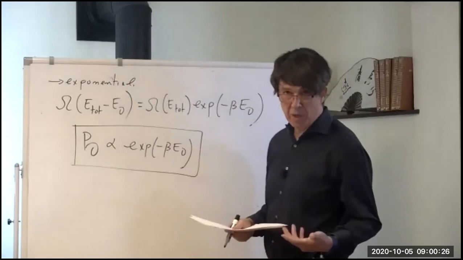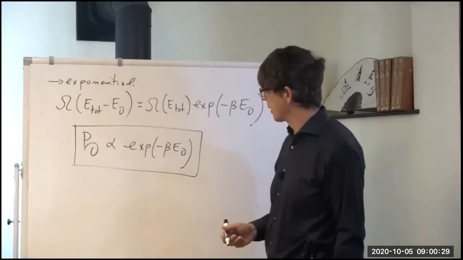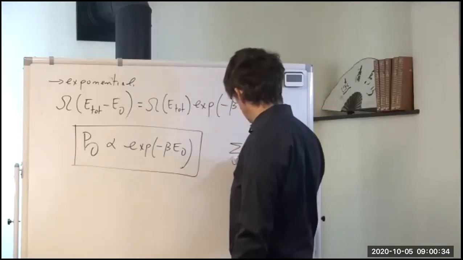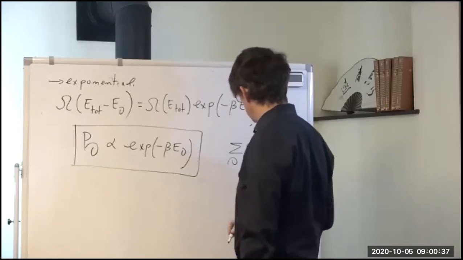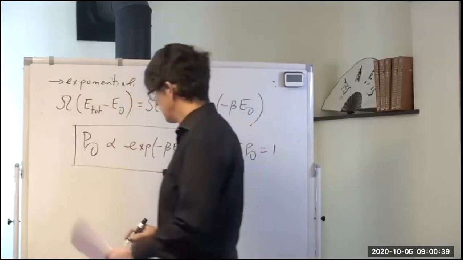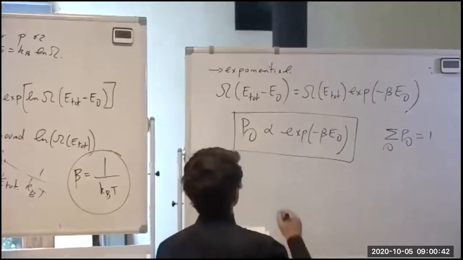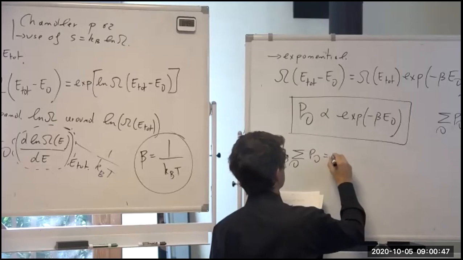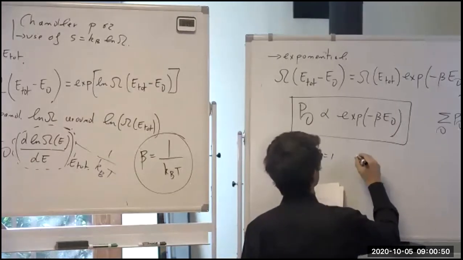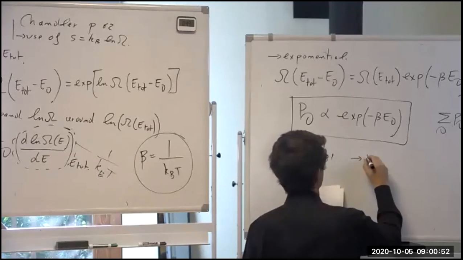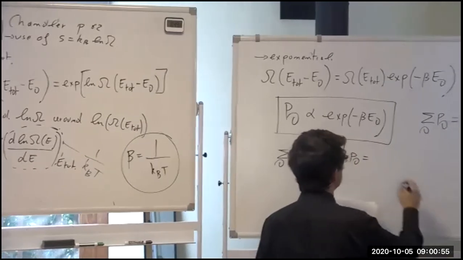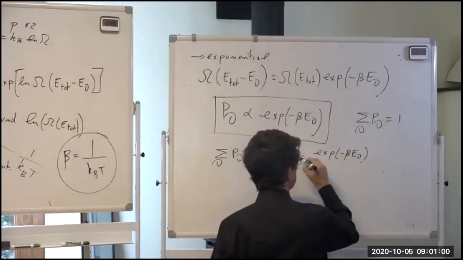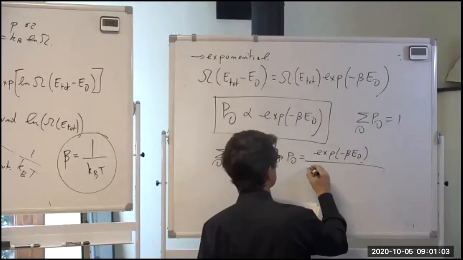It's proportional, and the way we can get the normalization constant is by requiring normalization of the probabilities. So the sum over all the probabilities has to sum to 1, which means that the probability is really equal to the exponential of minus beta E nu divided by the sum of all these exponentials, right?